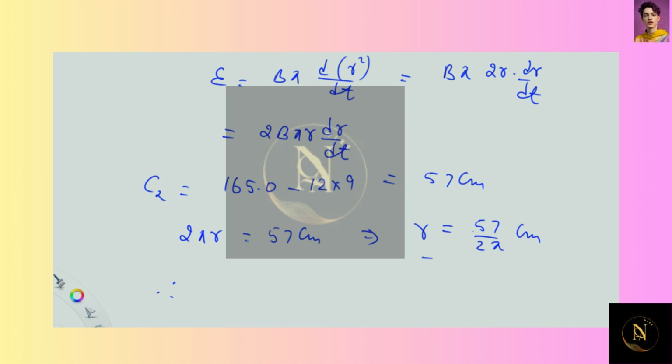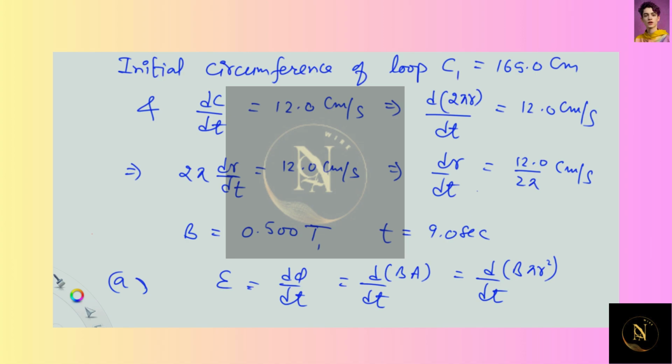So plugging in the value of r, EMF induced will be given by 2 pi B. For r, this is 57 by 2 pi, and dr by dt, cancelling this 2 pi and plugging in the known values: for B, this is 0.500, multiplied by 57 centimeter, or 57 by 100 meter, and dr by dt, we have already seen, was 12 centimeter by 2 pi.